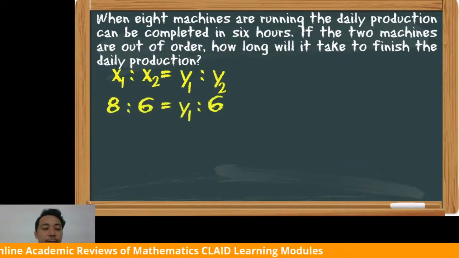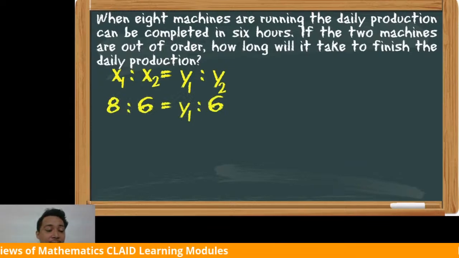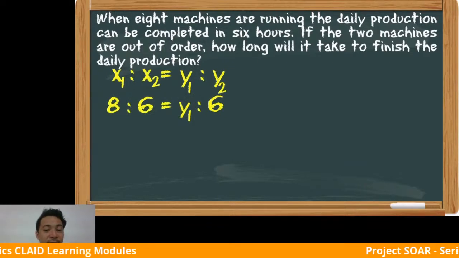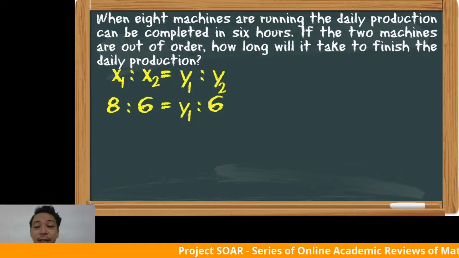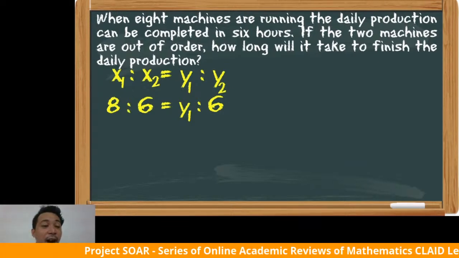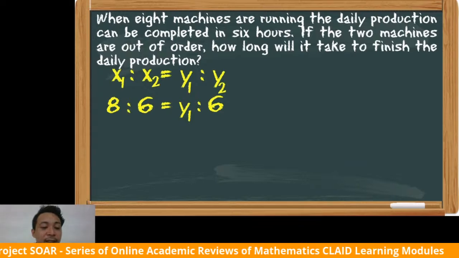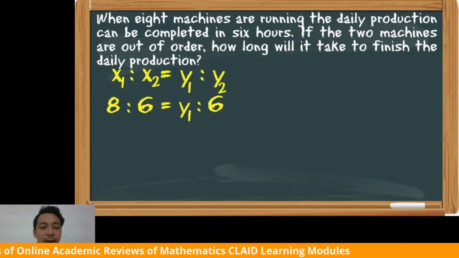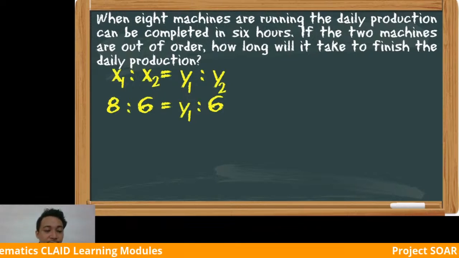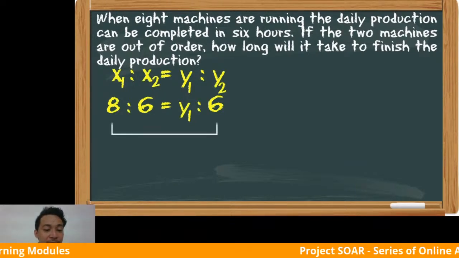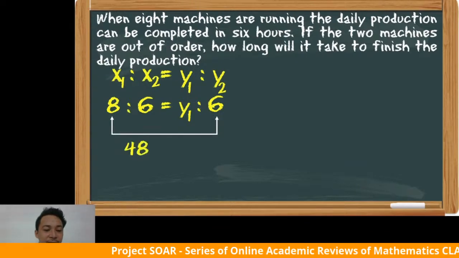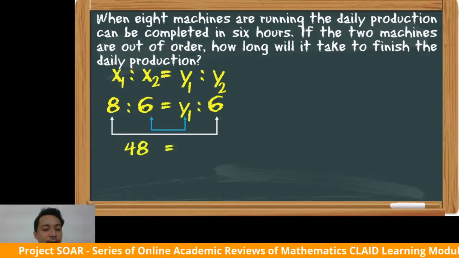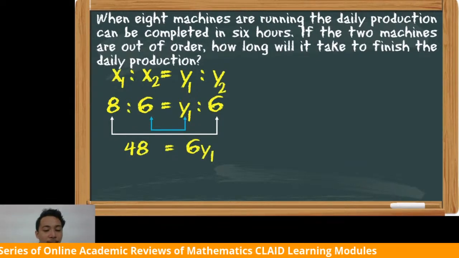So we'll have now 8 machines is to 6 machines. We use 6 machines because the 2 machines are out of order. And then we have y sub 1, that's unknown, and then we have 6 hours. Using the extremes and the means, we'll have now 6 times 8, that is 48. 6 times y sub 1, that is 6 y sub 1.